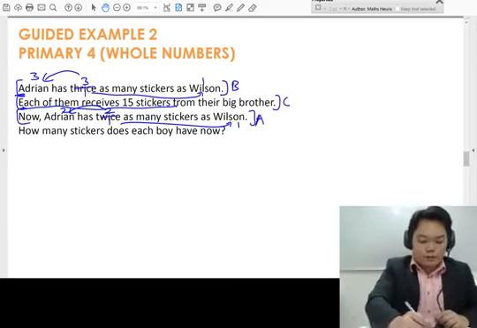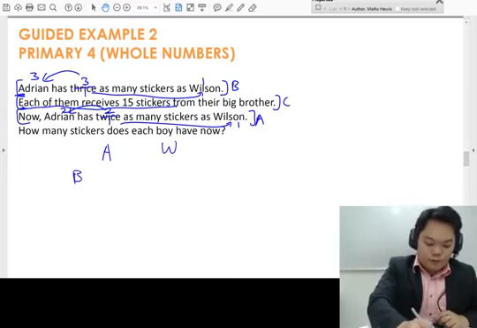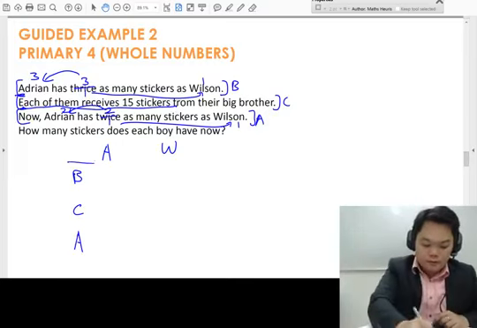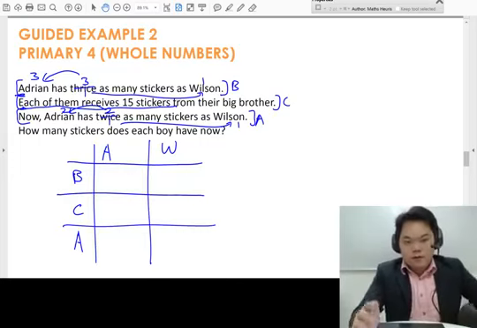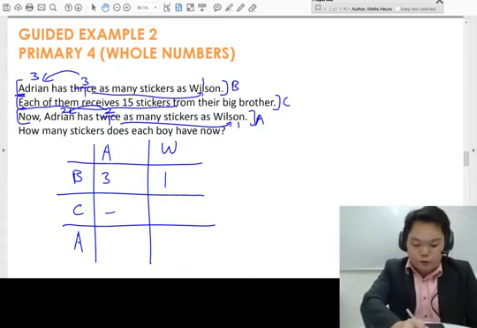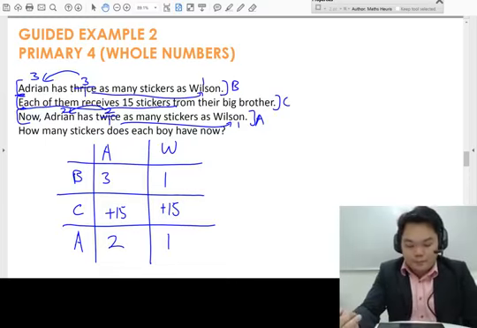Okay, let's draw out the BCA table. Adrian, Wilson, before, change, after. So Adrian has got 3 units at first, Wilson got 1 unit. Both of them receive 15 each. And now Adrian got 2 parts, while Wilson has 1 part.